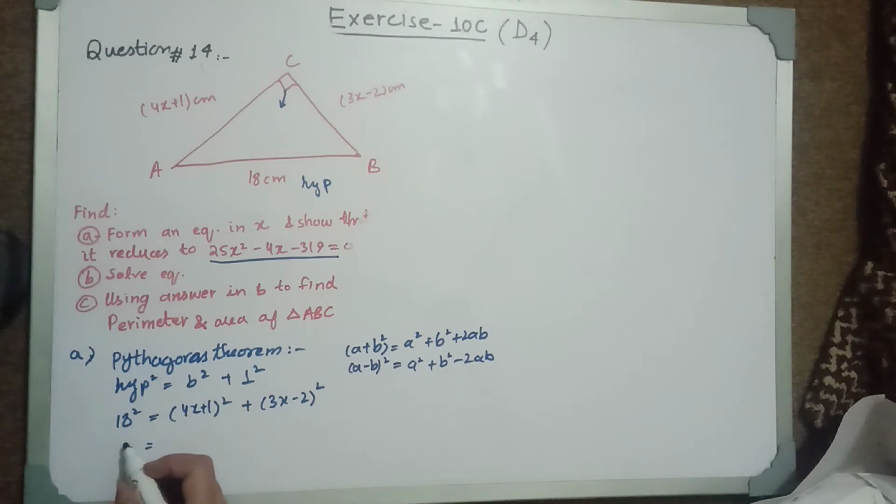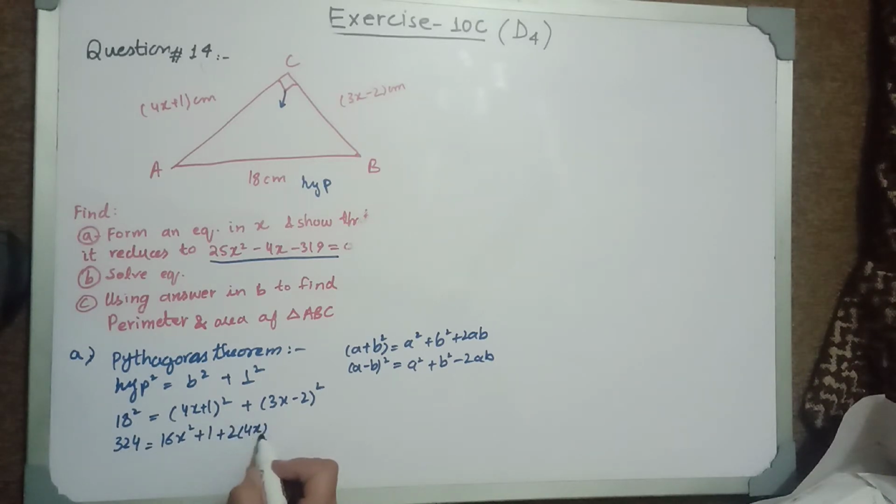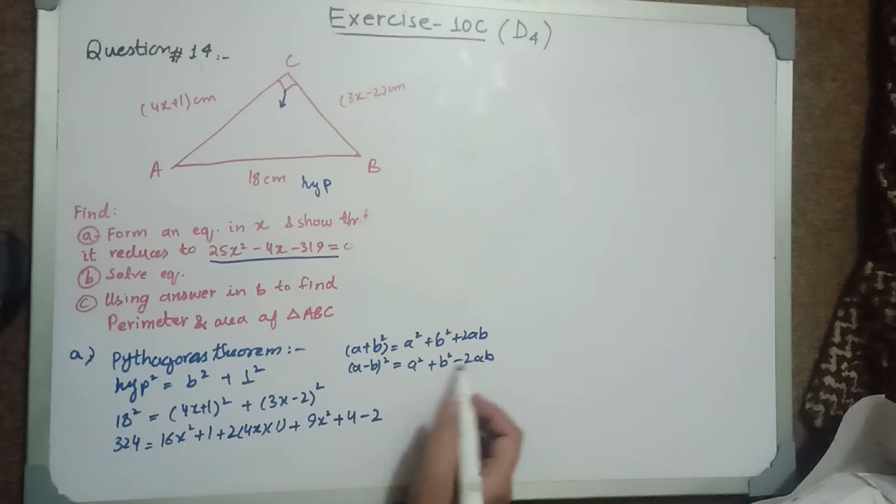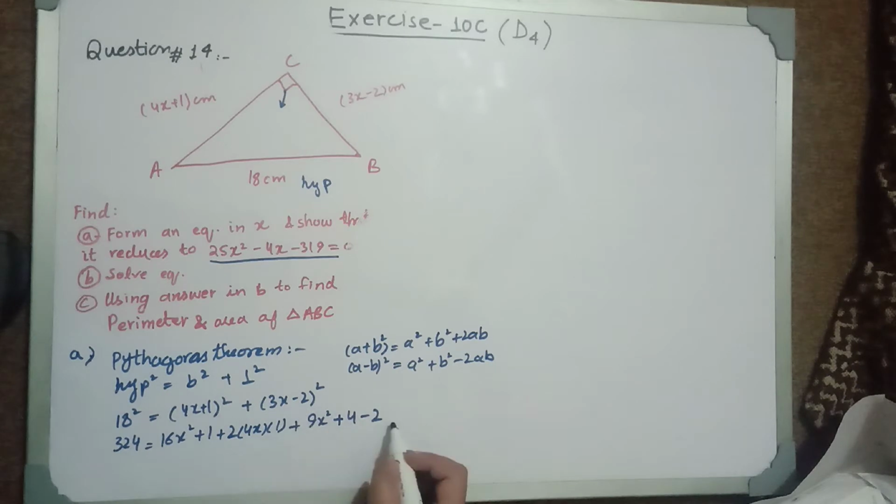18 square is 324, and for x, 4x square would be 16x square, plus 1 square will be 1, plus 2 into 4x into 1 according to the formula, right? Plus the next one is 3x whole square. 3x square will be 9x square, plus 2 square will be 4, minus 2, as we use minus 2ab in this formula of (a minus b) whole square, right?